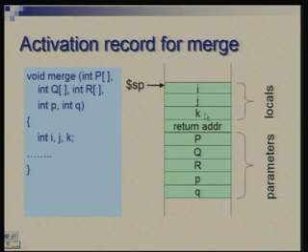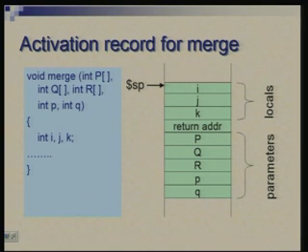So, local variables i, j and k, parameters, starting addresses of arrays P, Q and R, and the values small p and small q, right. There is no sanctity of the order in which I have put things here. The order could have been changed, but I have just put it in the order in which things are appearing.